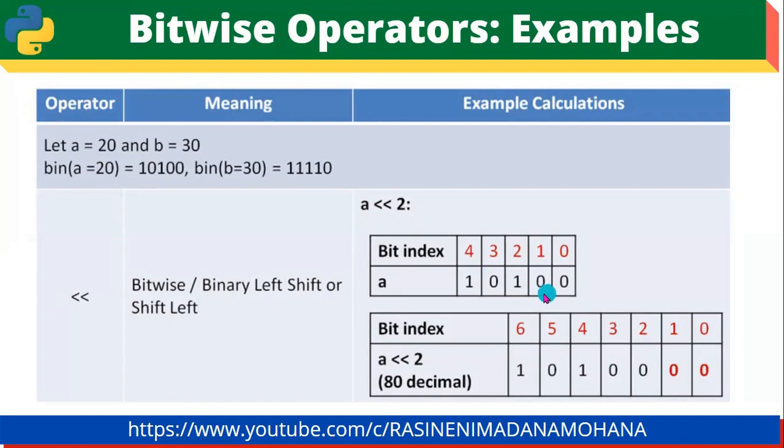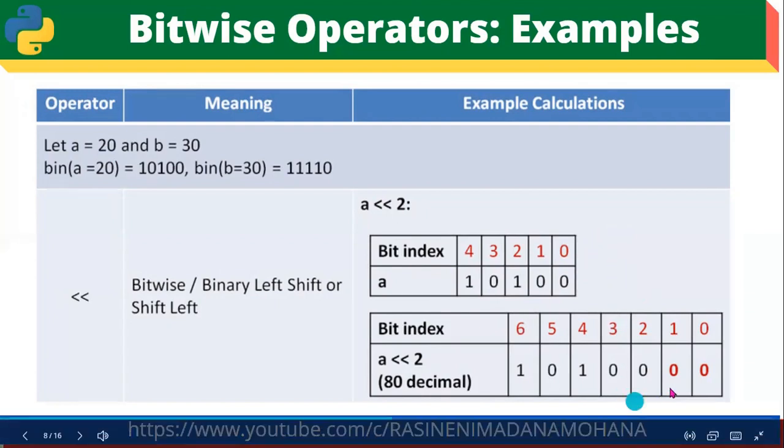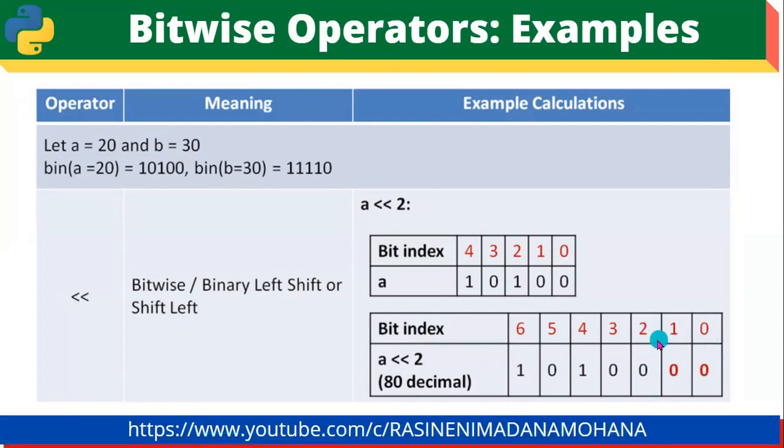You shift 2 cells towards the left side. Then 2 empty cells are created at the right end. Now the right side 2 empty cells we fill with 0. Then these are shifted towards the left 2 cells. Finally, you can see the index starting with 0, 1, 2, 3, 4, 5, 6. Now the size is increased.